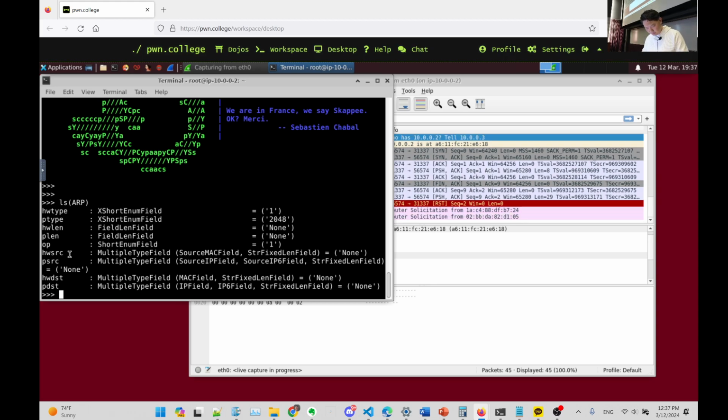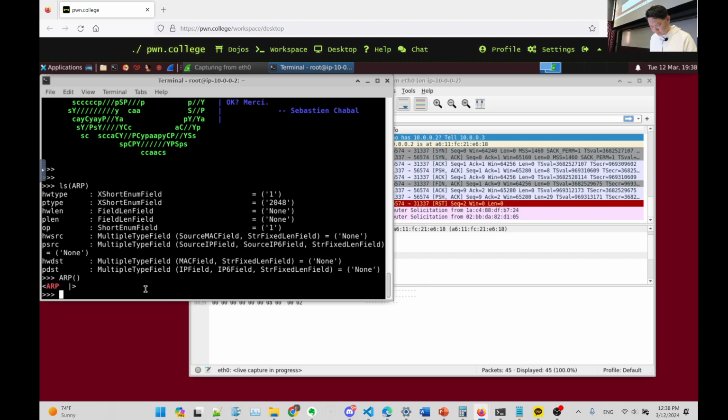And hardware address of source and the source IP field, okay, and hardware address of destination, and IP address of destination. Okay, so that's the basic structure of ARP.